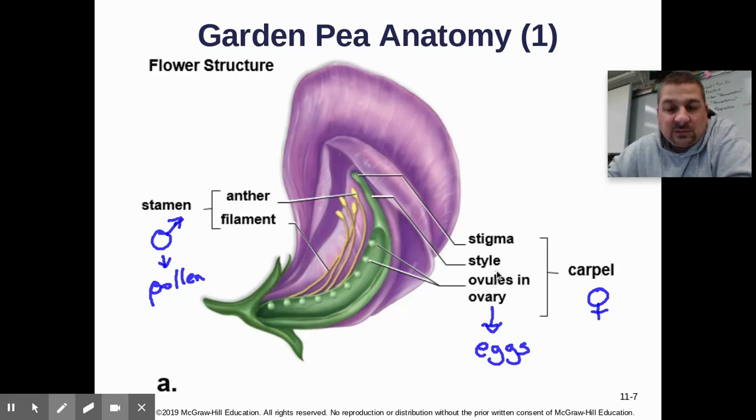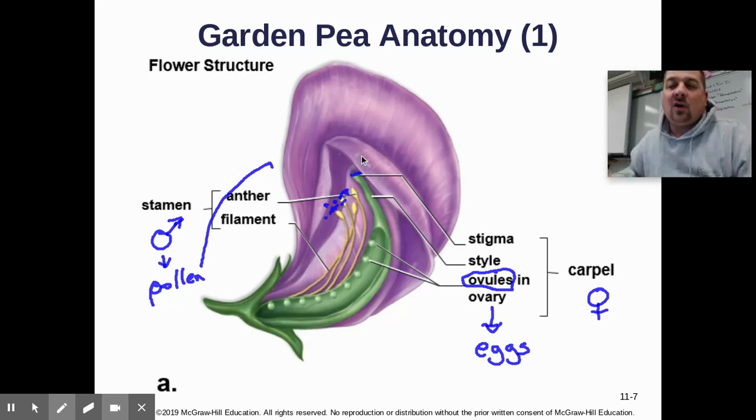Ovules, which we compare to eggs in animals, with this long style or neck and the stigma up on top, where the pollen is released. This is all enclosed within a flower, so the petals would all enclose that.